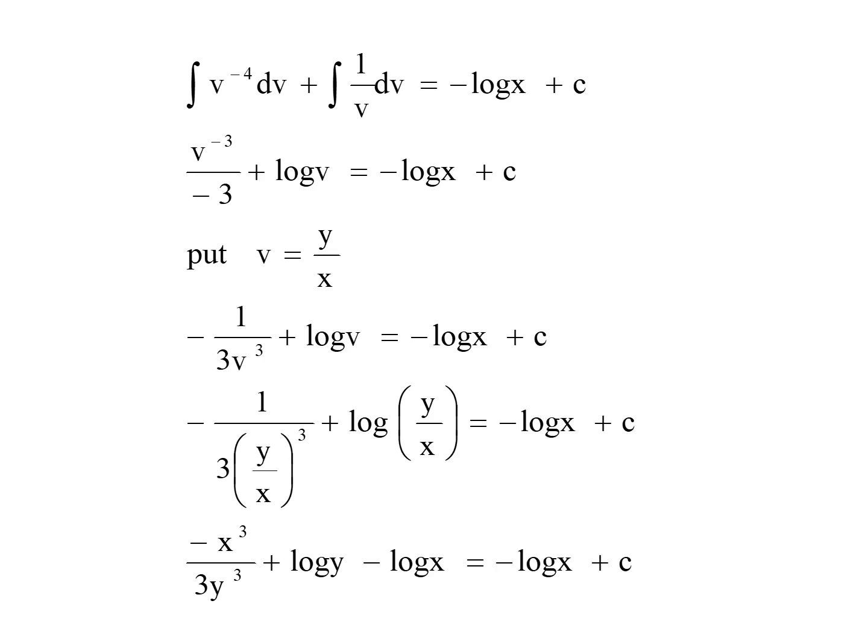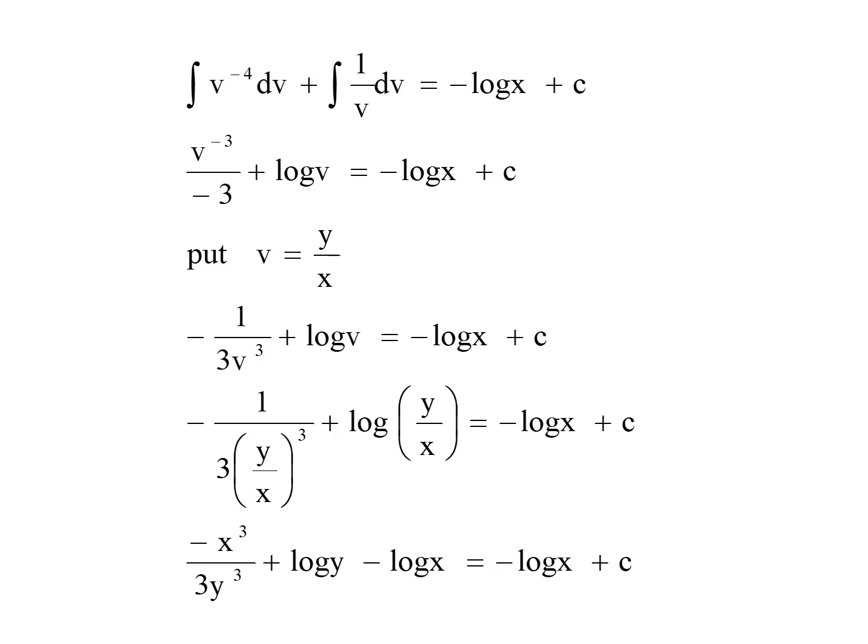Again from the working rule we are going to put v is equal to y by x, or we can write y is equal to vx. Move on to the next line. V power minus 3 can be written as 1 by v cube. So minus 1 by 3 into v cube plus log v is equal to minus log x plus c.